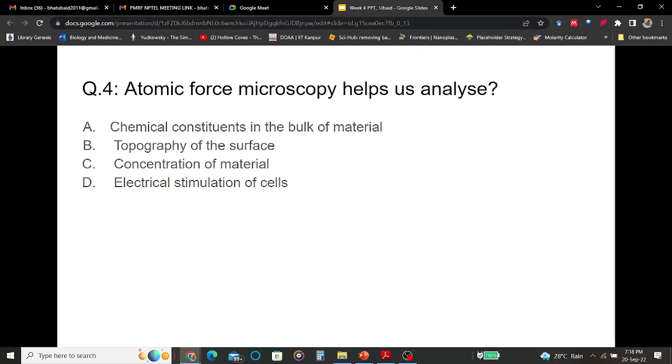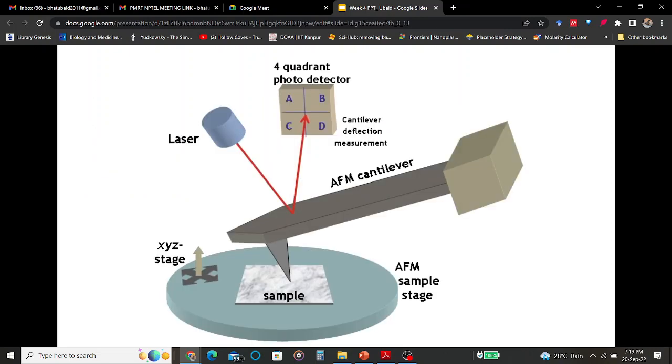Atomic force microscopy is also called scanning force microscopy or scanning probe microscopy. It has a probe, which is called a cantilever, and the sample is placed on the atomic force microscope stage.